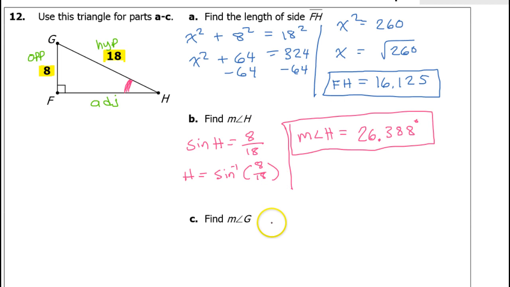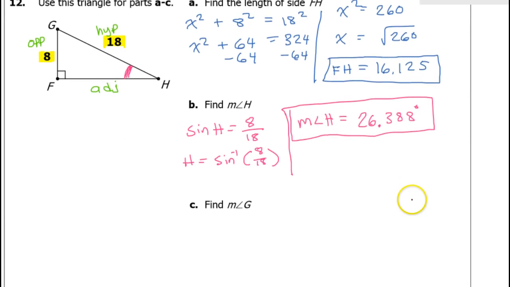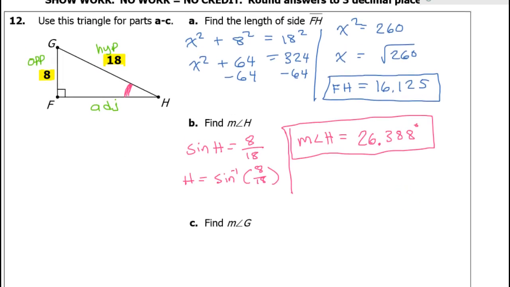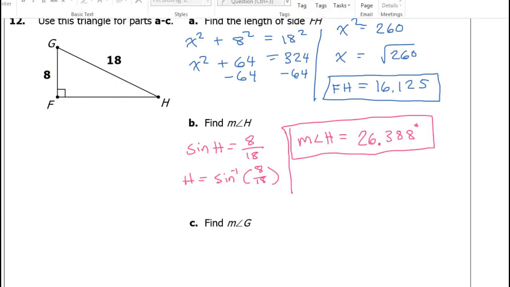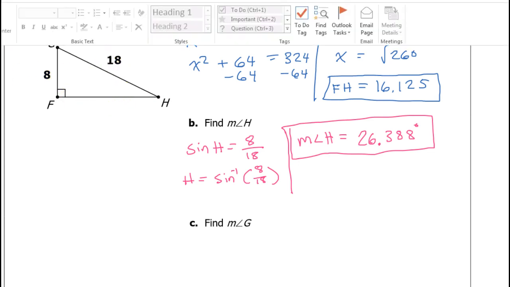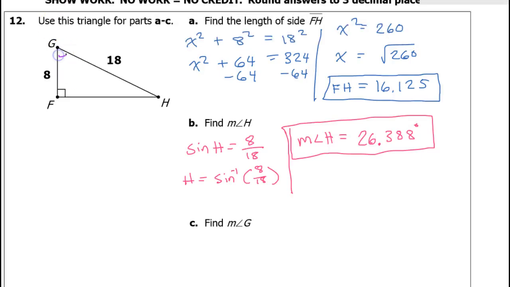Okay, now it's time to find the measure of angle G. Now, when it comes to the measure of angle G, we have two choices. We could start over. I could erase all of this and start over. If I want to find the measure of angle G, then now I'm looking at this angle, because that's angle G. So when I do my labeling, of course, this is still the hypotenuse.